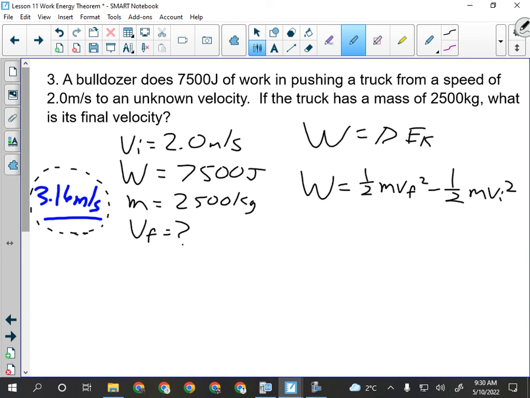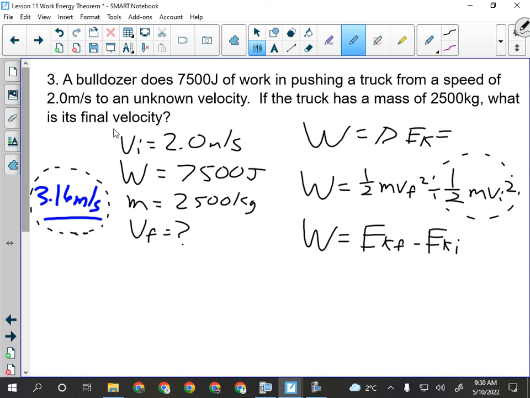What should I do with this entire term right now? It might be easier to see it if I wrote it like this. What should I do with that term right now? Add it to the other side.